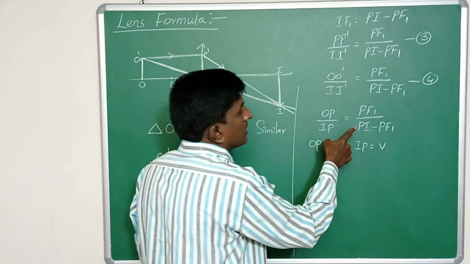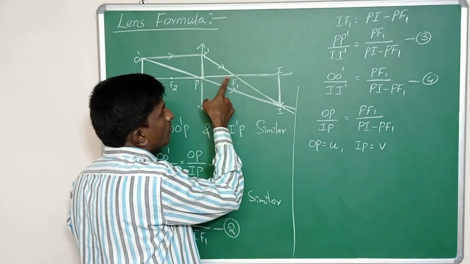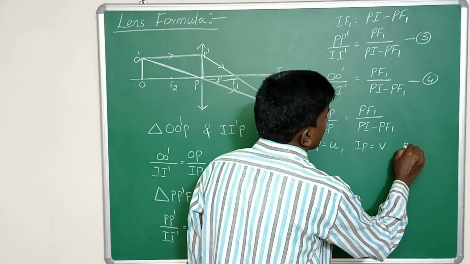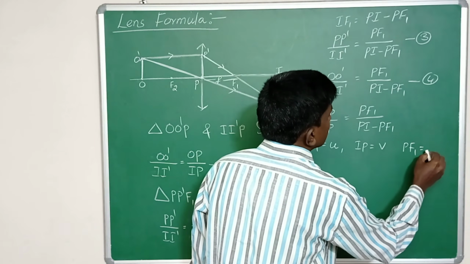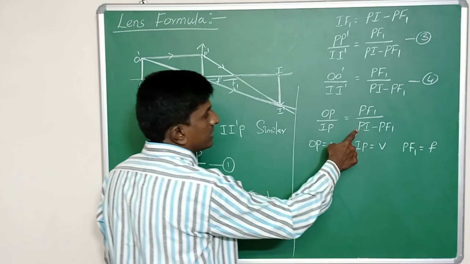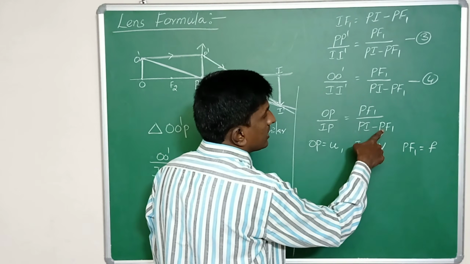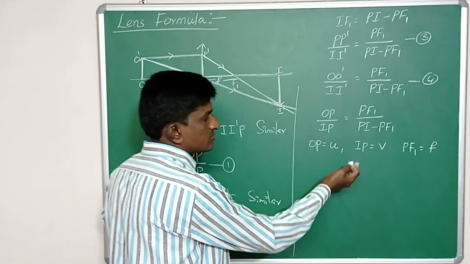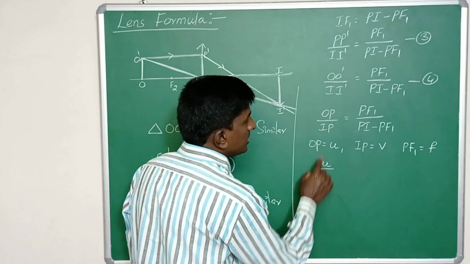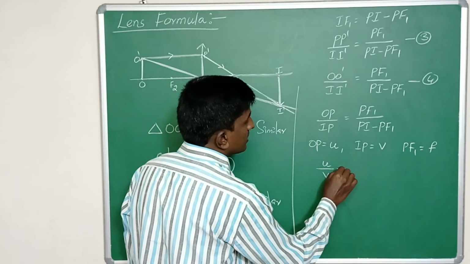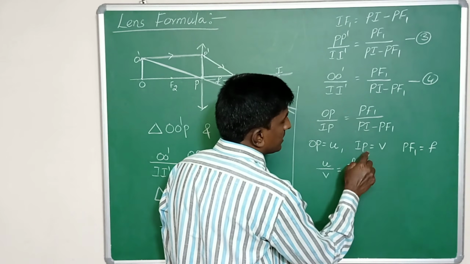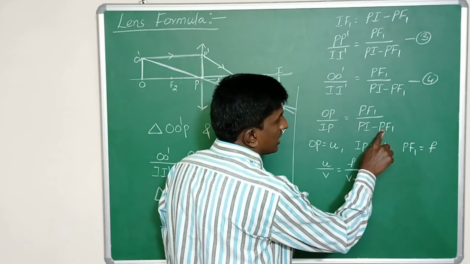PF1 is the focal length, small f. PI is the same as v, and PF1 is the focal length. Substituting these values in the equation, u by v equals f by v minus f.